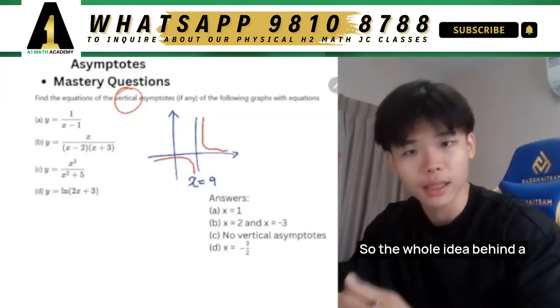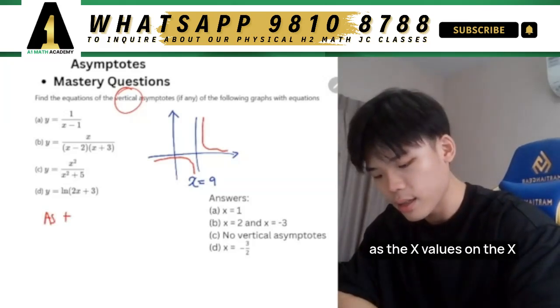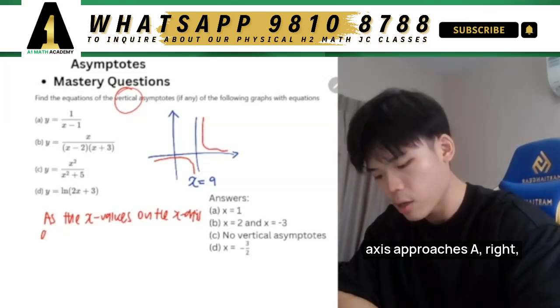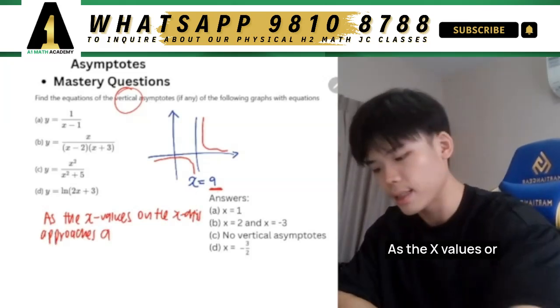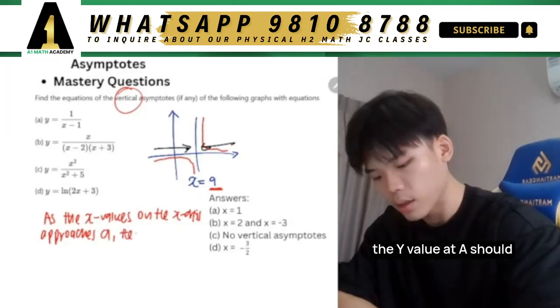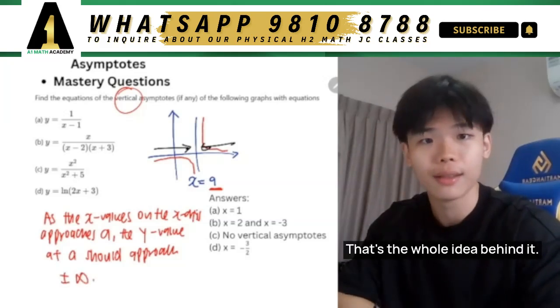The whole idea behind a vertical asymptote is that as the x values on the x-axis approach A, in this case A is here, the y value at A should approach plus minus infinity. That's the whole idea behind it.